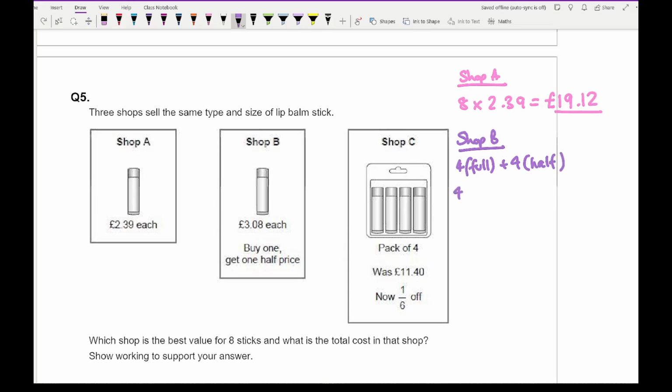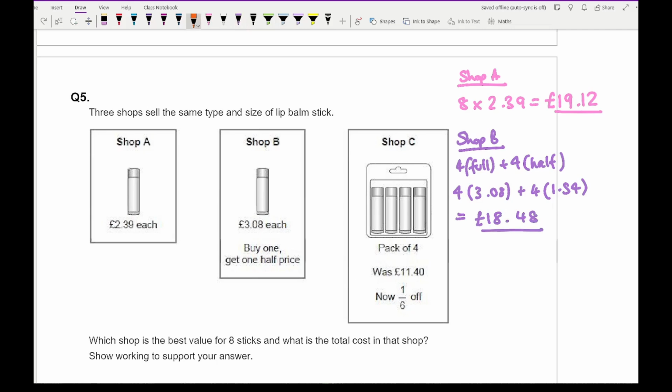Here the full price is £3.08 and half of that will be £1.54. So we're calculating all of that, I get an answer of £18.48.